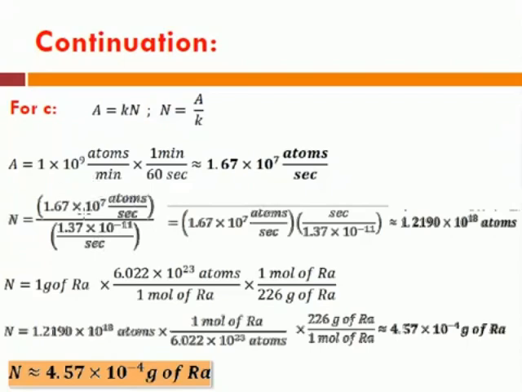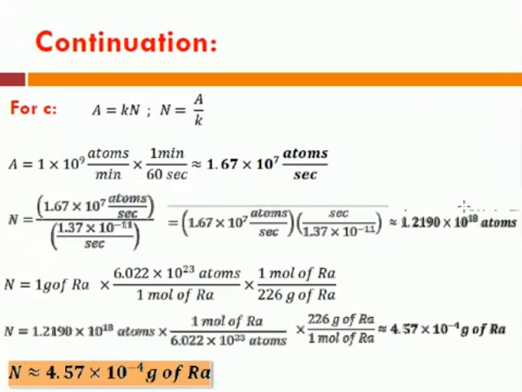Then substitute the value of A, which is 1.67 times 10 raised to 7 atoms per second. Multiply the numerator by the reciprocal of the denominator. So cancel the second. So 1.67 divided by 1.37 times 10 raised to negative 11. That is approximately equal to 1.2190 times 10 raised to 18 atoms.